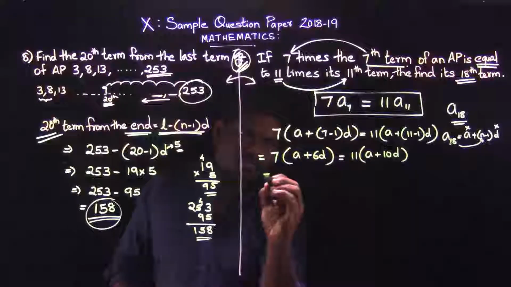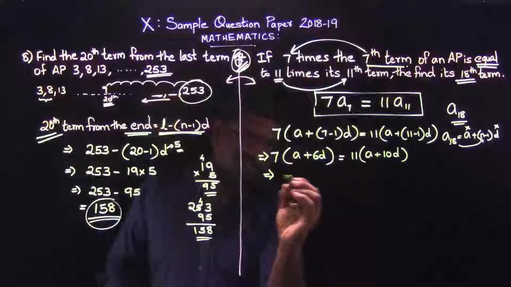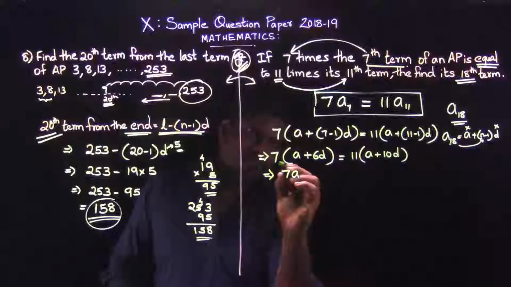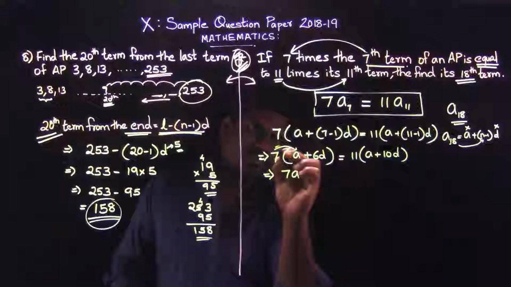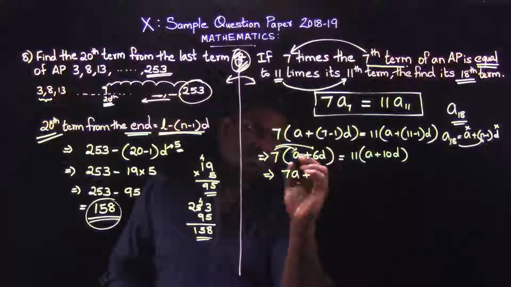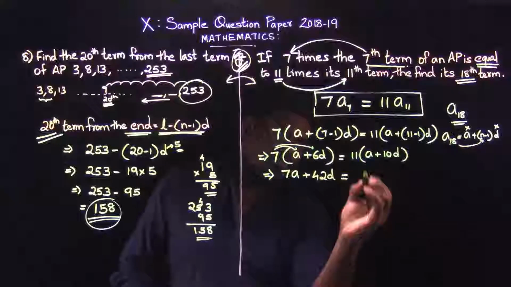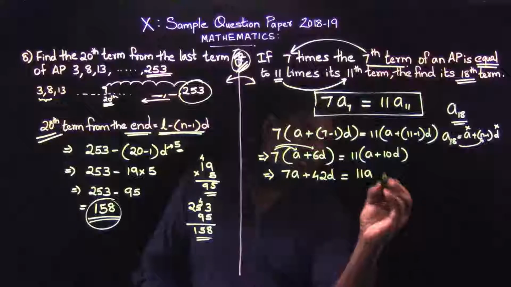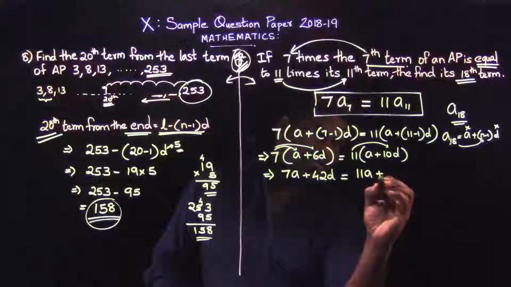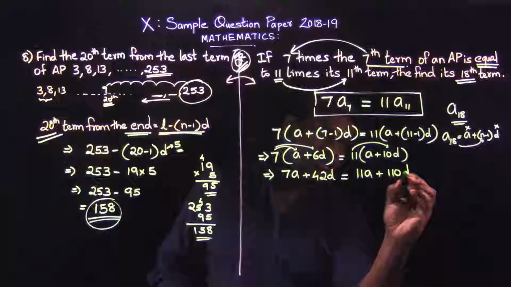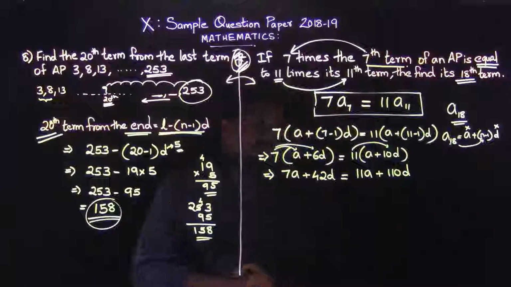I'm multiplying inside: 7a, 7 into a, and 7 into 6d, 6 sevens are 42, so 42d, is equal to 11 into a, which is 11a, plus 11 into 10d, which is 110d.